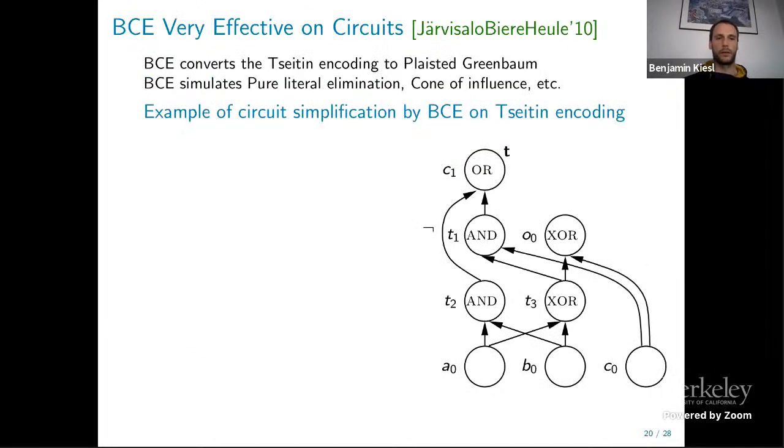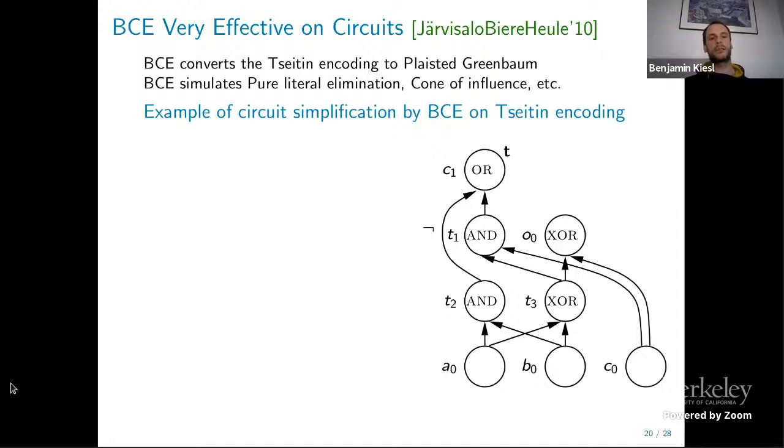The cool thing about blocked clause elimination is that it can do many nice things. Like when you convert a formula that is not in conjunctive normal form into conjunctive normal form, then you could use the Tseitin encoding, which is usually used in practice. But there's also the Plaisted-Greenbaum encoding, which is basically a subset of Tseitin.